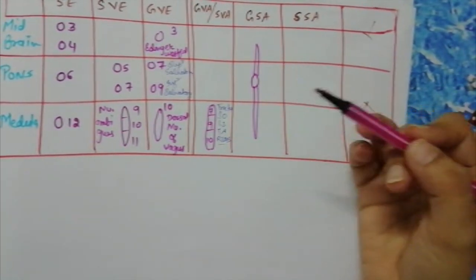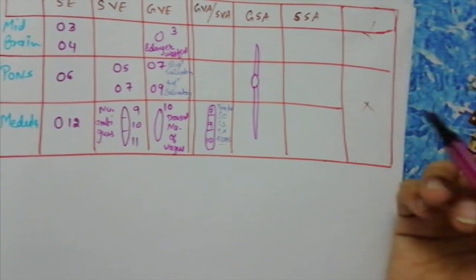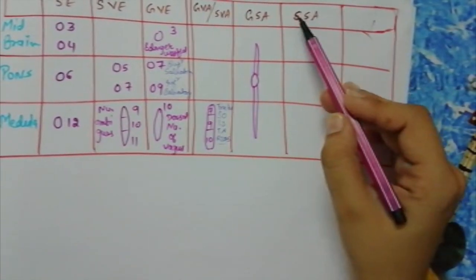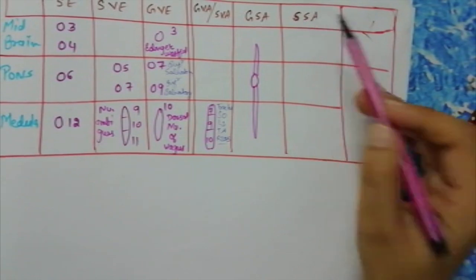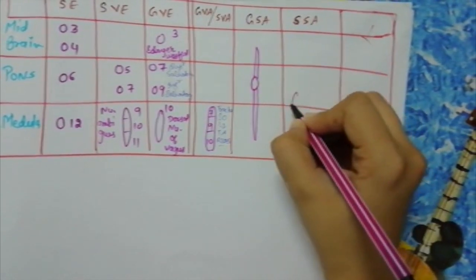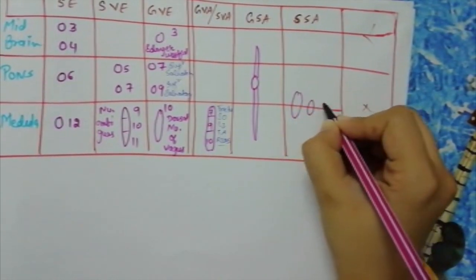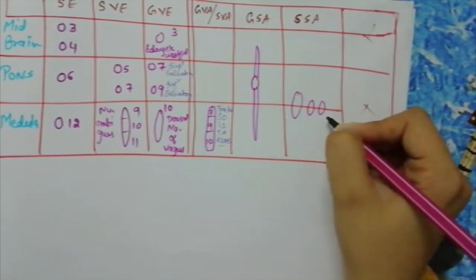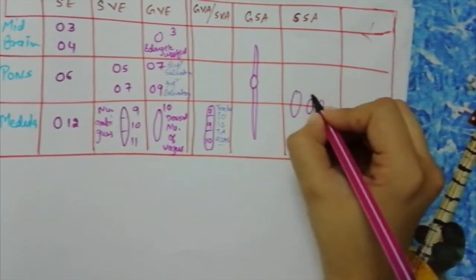It has three parts: mesencephalic, sensory and spinal nucleus. Fine. In the special somatic afferent, this is the nucleus of eighth cranial nerve, vestibular nucleus and cochlear nucleus.